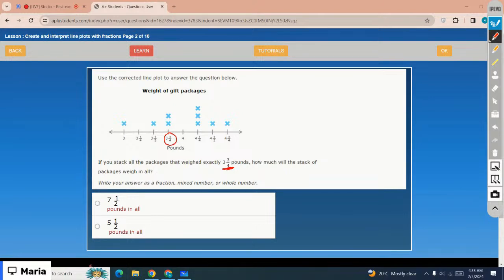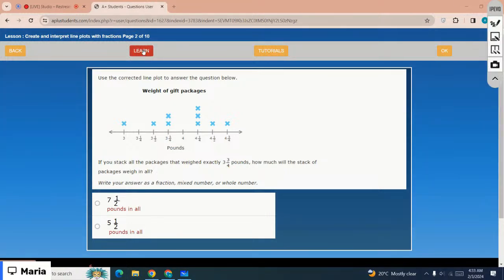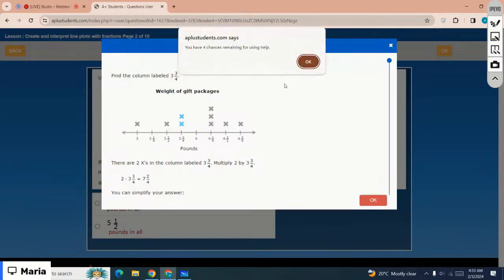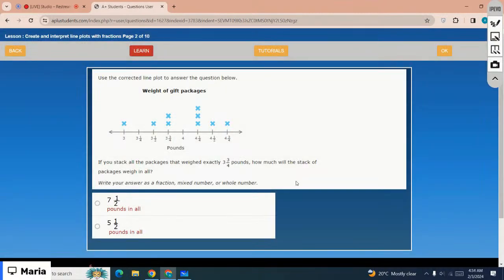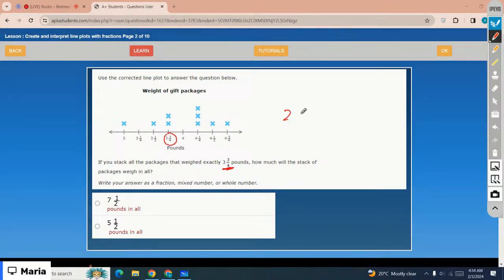So you have to do, hold on. You have exactly two packages that are 3 whole 3 by 4, right? Yes, you have to do 2 times 3 whole 3 by 4 because you have only two packages. So that is 2 times 3 whole 3 over 4.